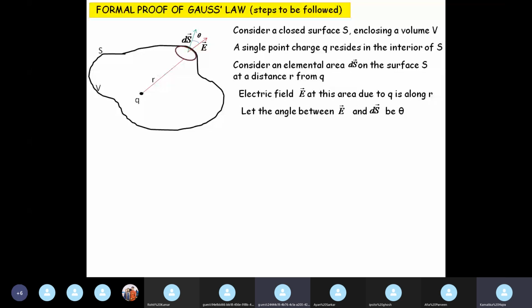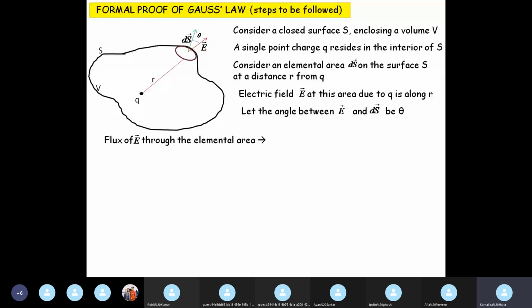Okay, so now we just discussed what flux is. Flux means magnitude of the field multiplied by the area through which the field lines due to that particular field is passing.